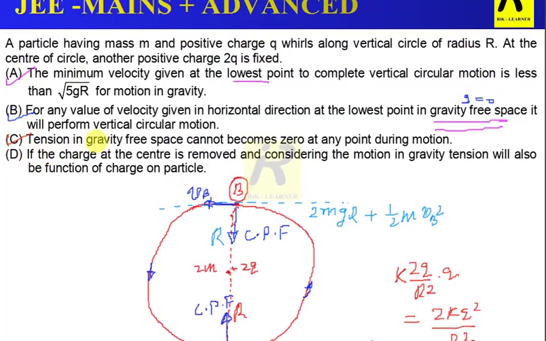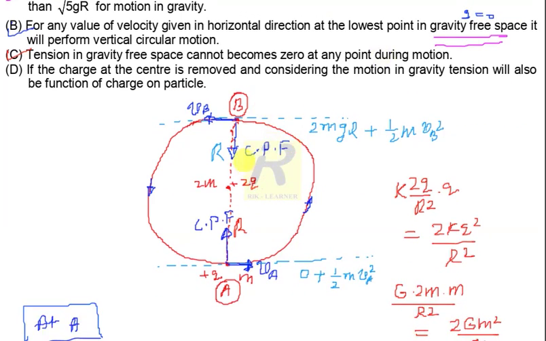D, if the charge at the center is removed, then considering the motion in gravity, tension will also be a function of charge on the particle. See what happens if you remove the central charge, plus 2q.